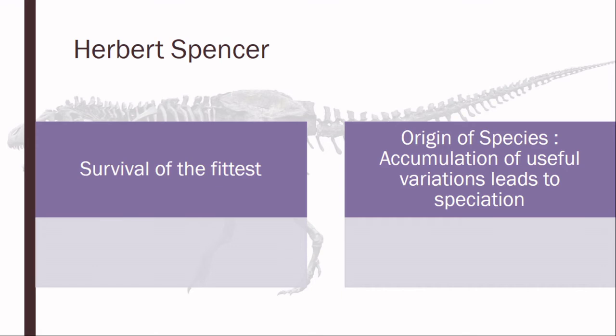According to Lamarck, long-necked giraffes were formed due to extensive use of the neck, but according to Darwin, there were short-necked giraffes and also long-necked giraffes earlier. During famine conditions, short-necked giraffes could not reach the foliage present on the top of the branches, whereas long-necked giraffes could easily catch hold of the foliage on the topmost branches.